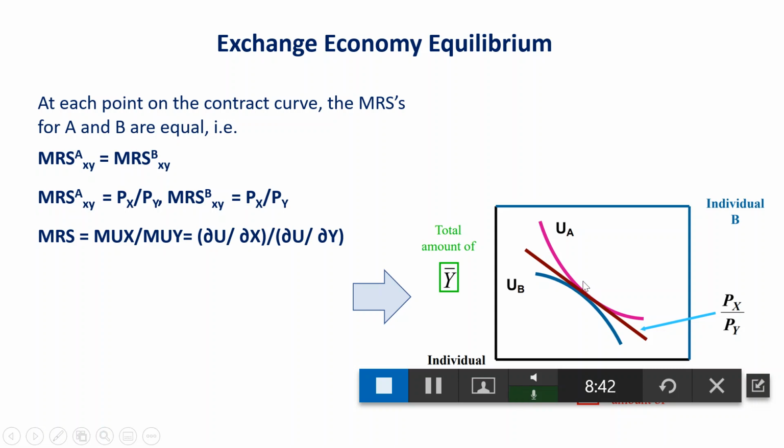The tangent line gives you Px/Py, which is nothing but the marginal rate of substitution. So this is what happens in the exchange economy equilibrium in the Edgeworth box.